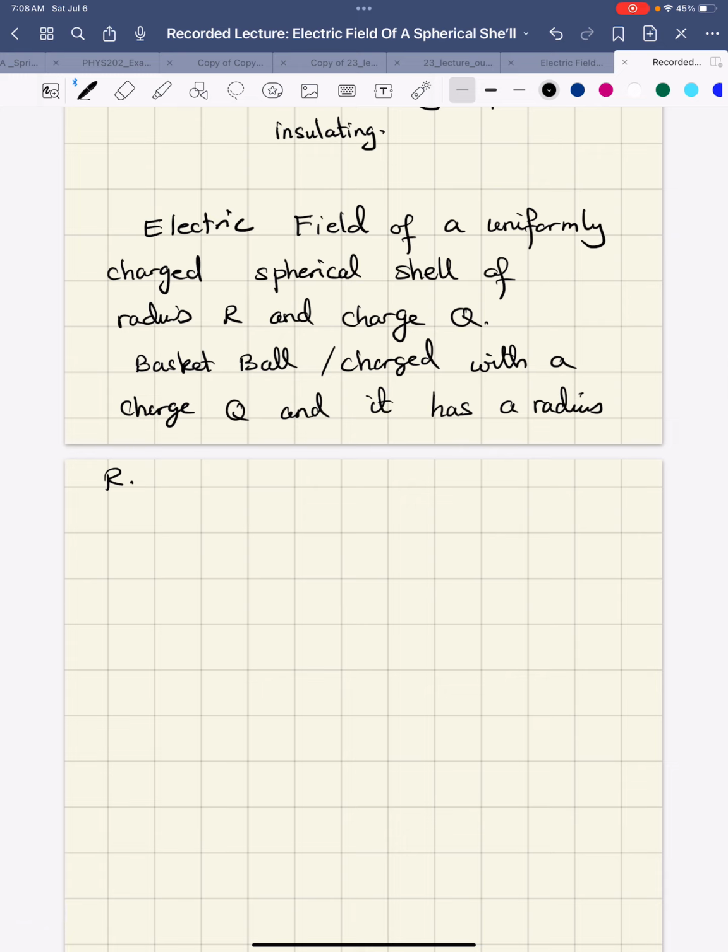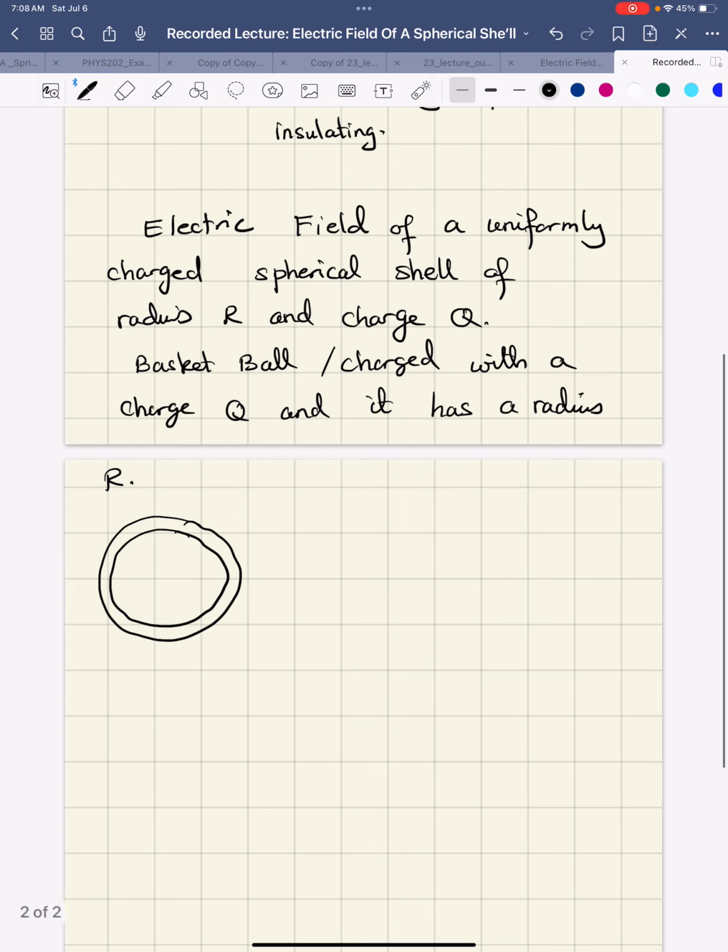Now, I don't want to have an inner and outer radius. Here it's considered to be very, very thin, and I'm going to assume it has a positive charge Q distributed uniformly over its surface. It has an average radius R, and the charge is uniformly distributed.